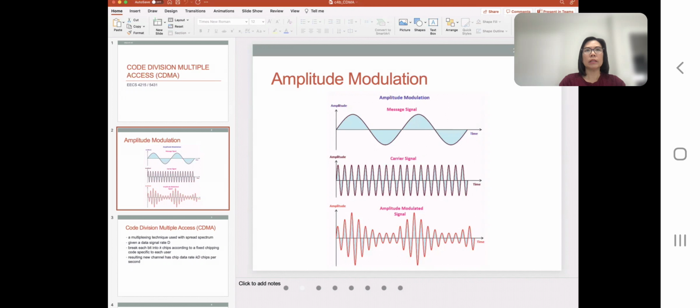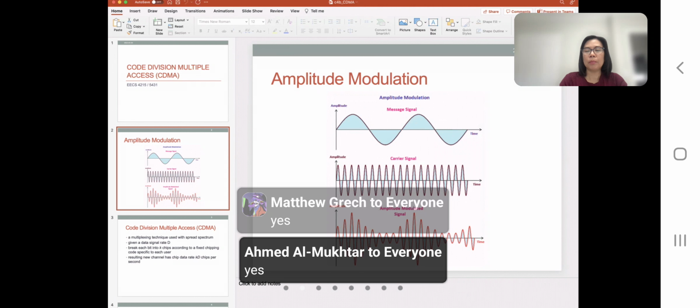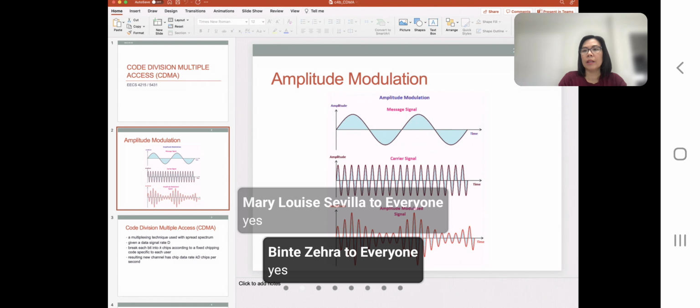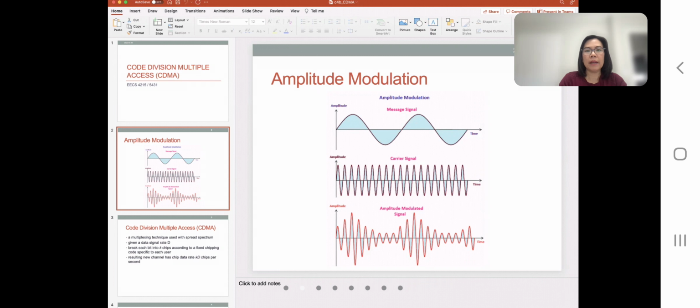I assume that engineering students must have learned this before. All right, so 2 people say yes. If you haven't learned, just say no as well. That's fine. I assume that many students have learned about amplitude modulation.